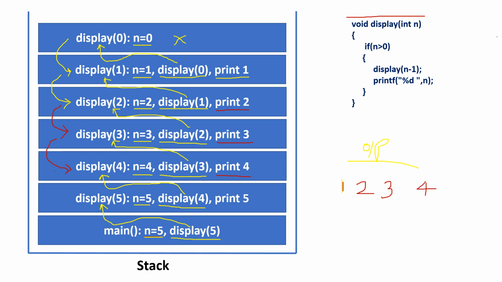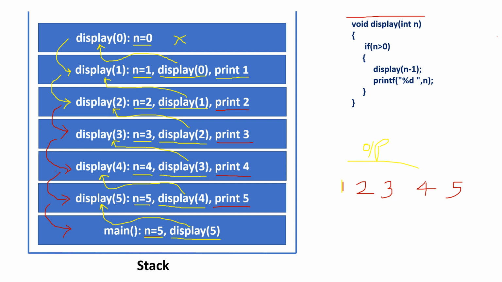This is also printed, and the control returns to its caller, that is display of 5. Here also we print the remaining statement, that is 5, and then it is removed from the stack. After completing this function, control returns to its caller, and the caller for display of 5 is the main function, and this function is removed from the stack.